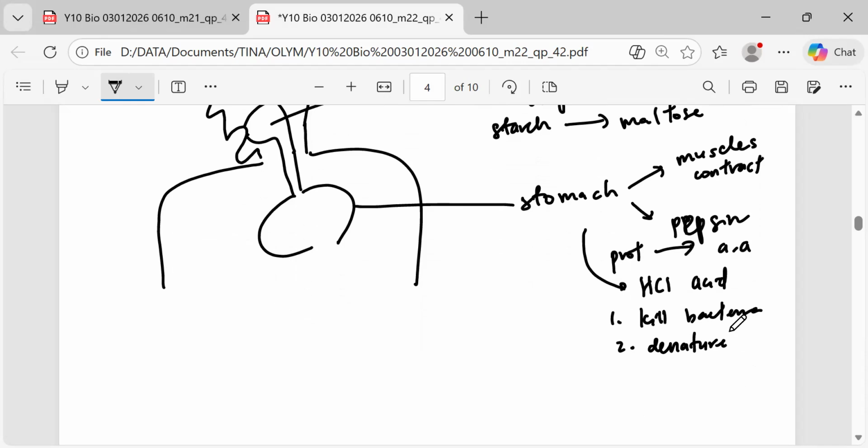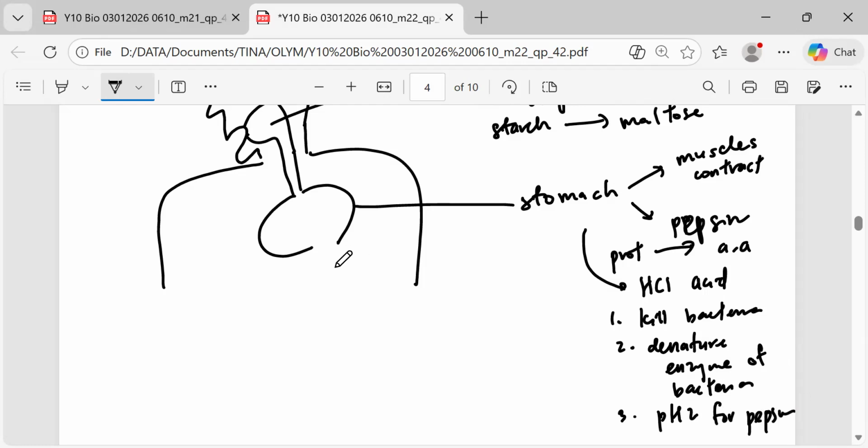But if the meat already had bacteria for a long time and there are already toxins on the meat and you eat it, what's the point of killing the bacteria? So it will denature the enzymes, but toxins are also enzymes. So, denature enzymes of bacteria. And then it prepares pH 2 for pepsin.